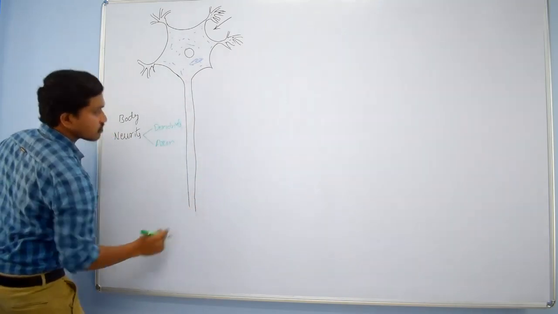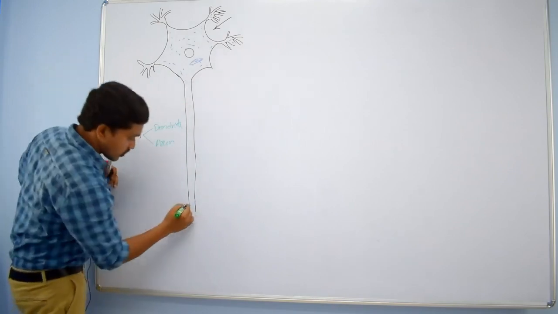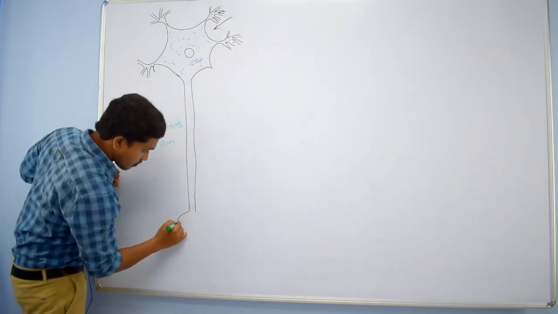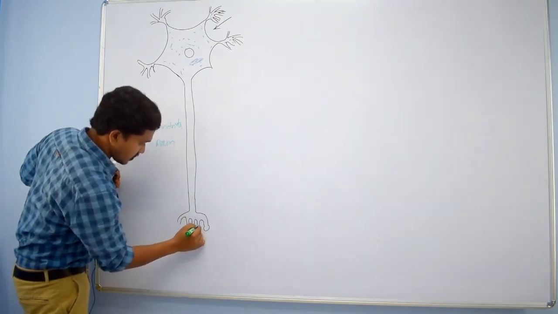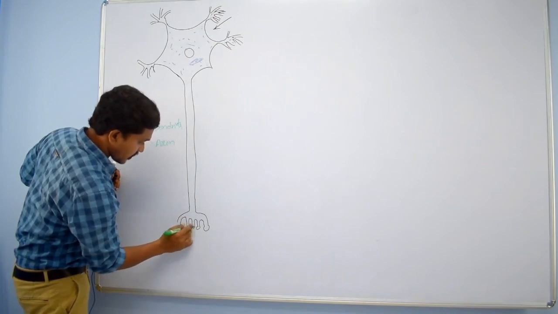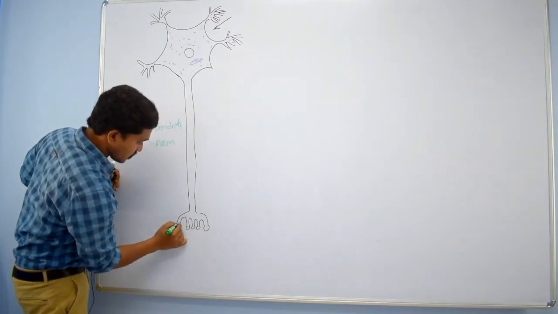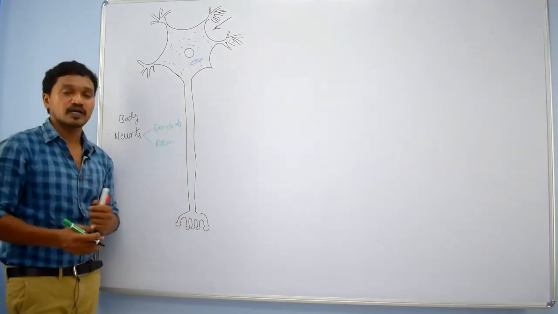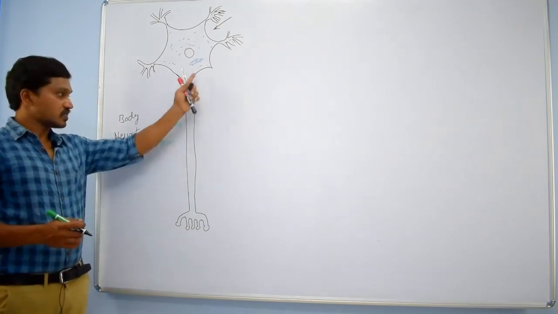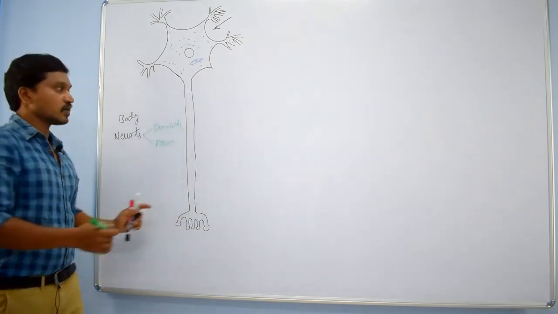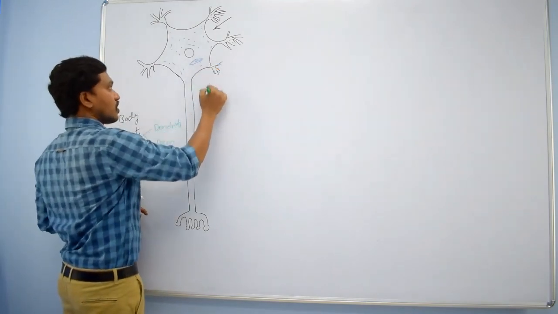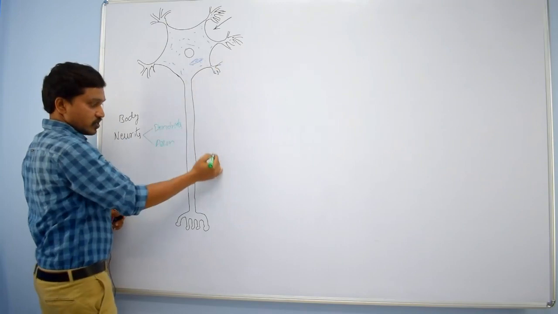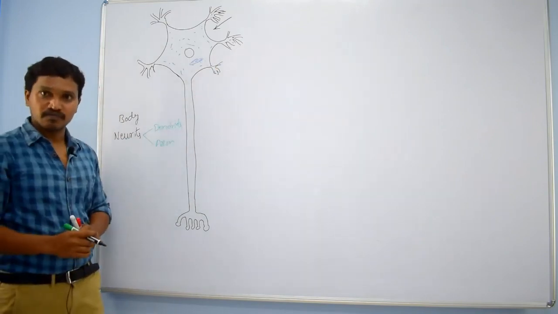At the terminal part of this axon, you can find terminal buttons, or telodendria, or axon terminals. So this is the axon. It is long and carries information from the cell body towards the periphery.